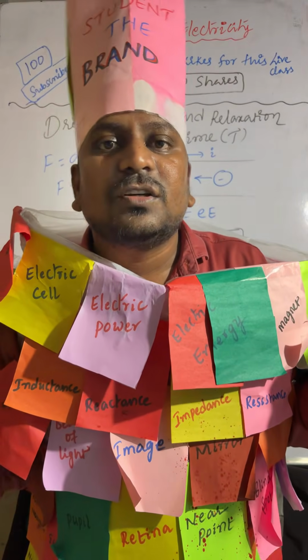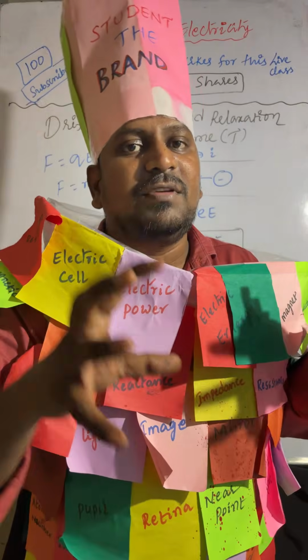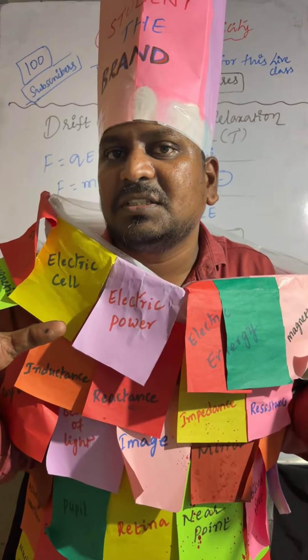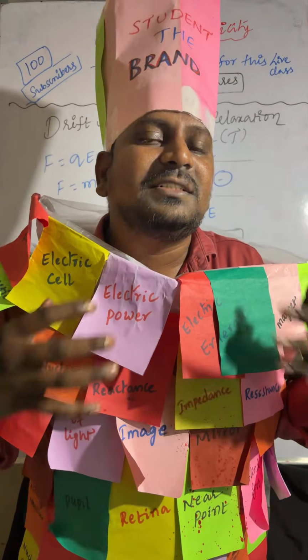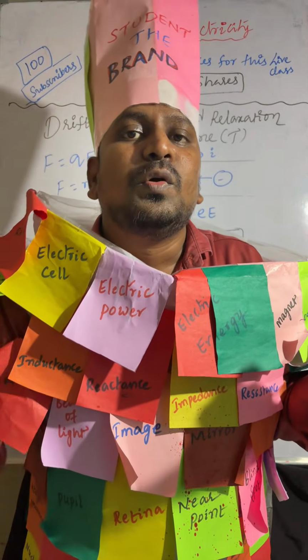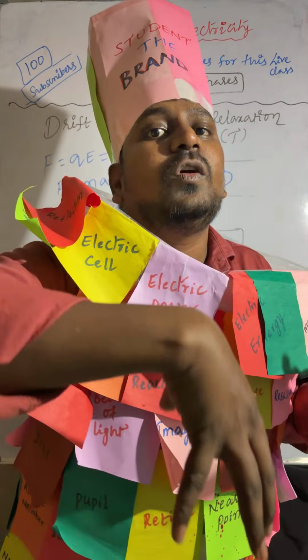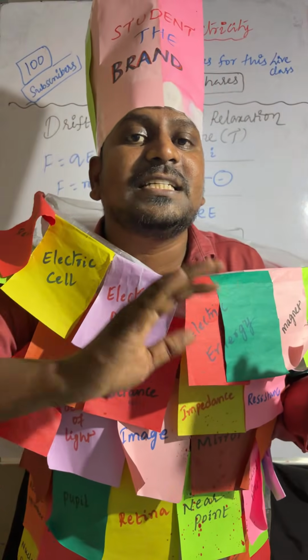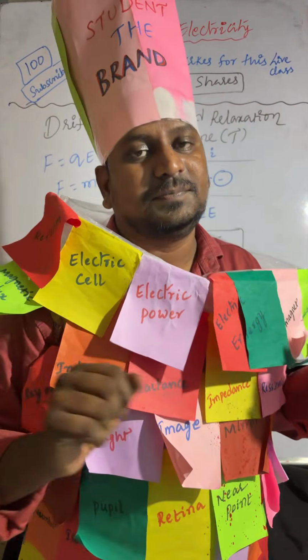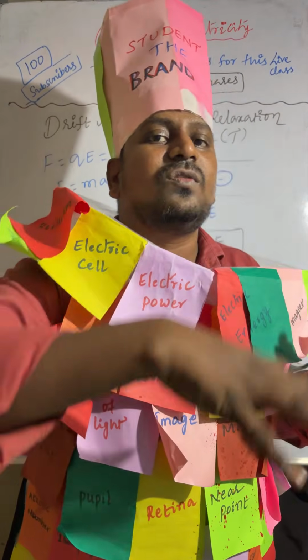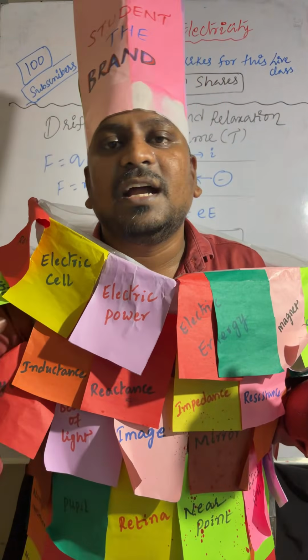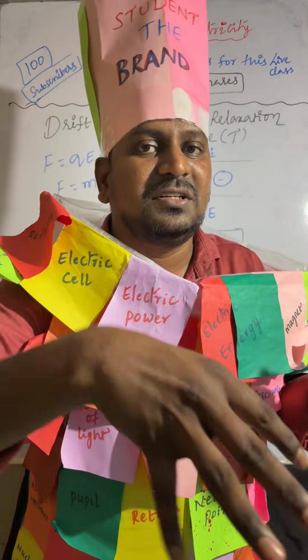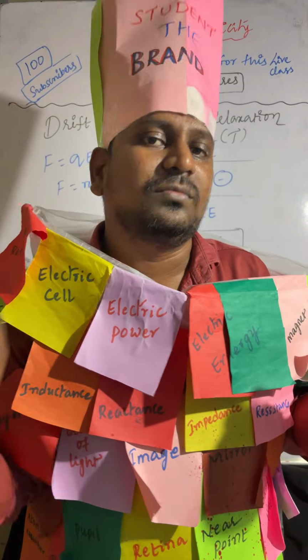Yes or no? So the average time between one collision and another collision, the average time between two successive collisions, that is, one after another, is called relaxation time, denoted with tau.